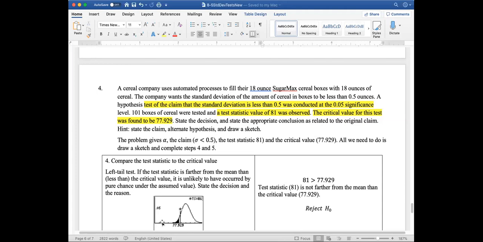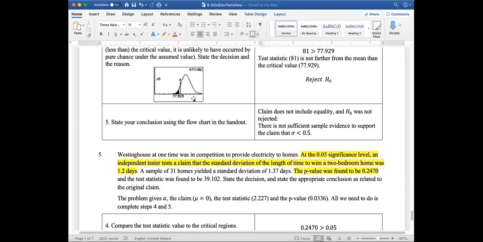We draw a little sketch starting at 0, and the mean would be at 100, which is up in here. We plot the critical value of 77.929, and we want to know where the test statistic of 81 is. Since we're on the left, we're going from 0 up to 77.929, and then we go a little farther to get to 81.